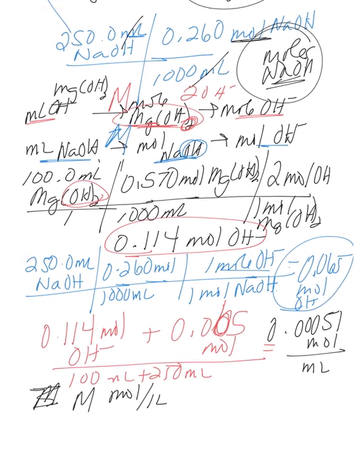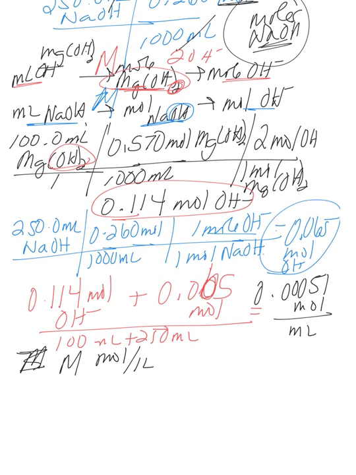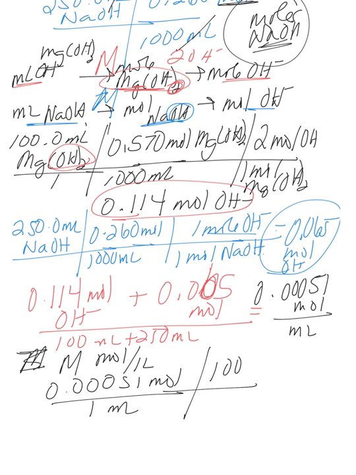So you take the 0.00051 mole over 1 milliliter, and for 1,000 milliliters you have 1 liter.